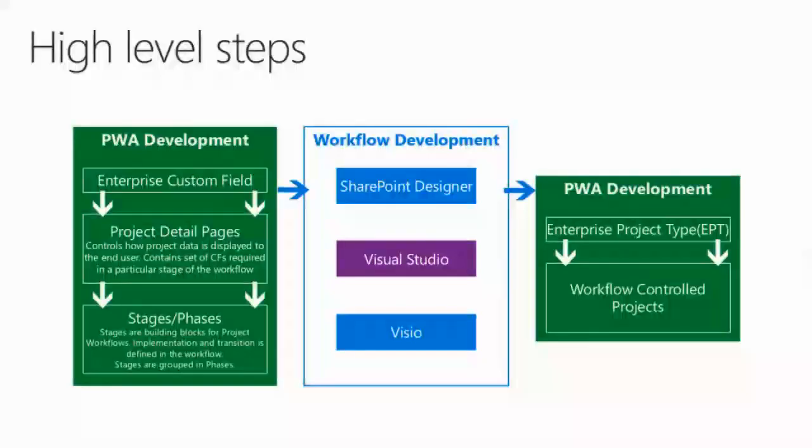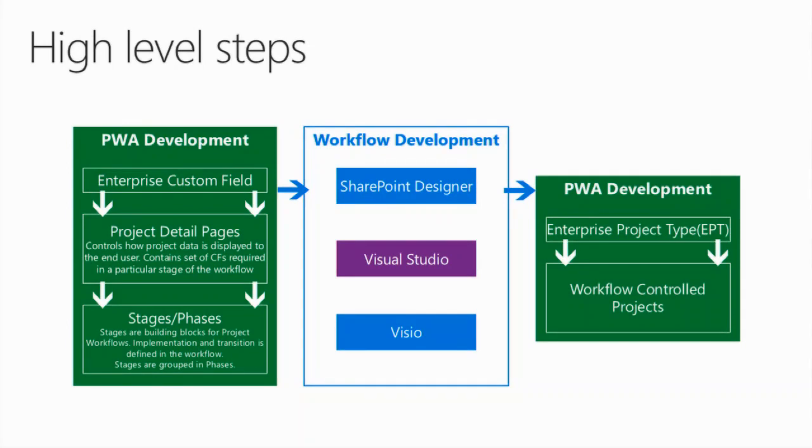So if we go a bit deeper in the steps now, we see that workflow development can be decomposed into 3 high-level steps. First, in PWA, we will create the enterprise custom field, then the project detail pages, then the stages and phases. Once we have created these objects, we can go into the real workflow development and use SharePoint Designer.